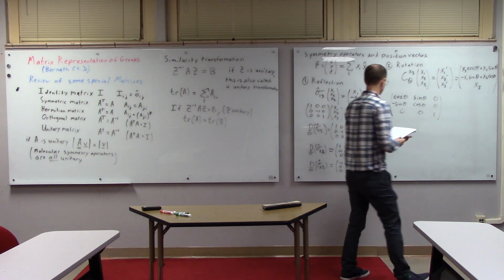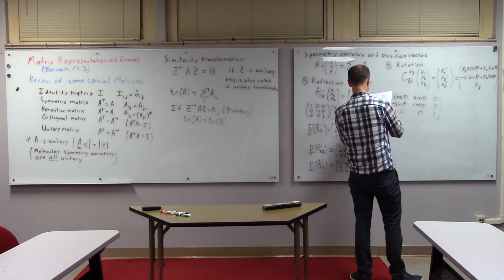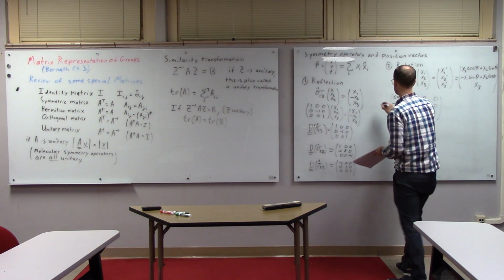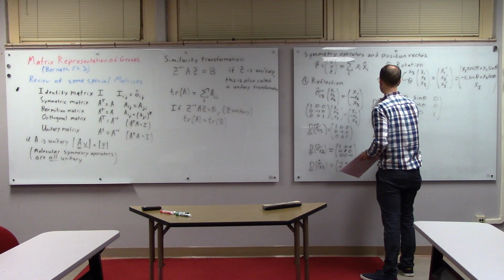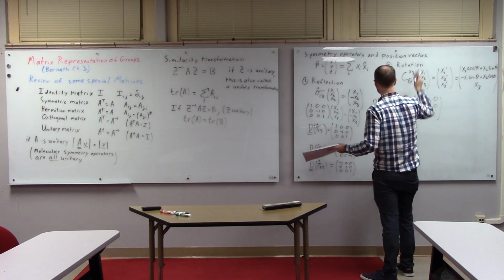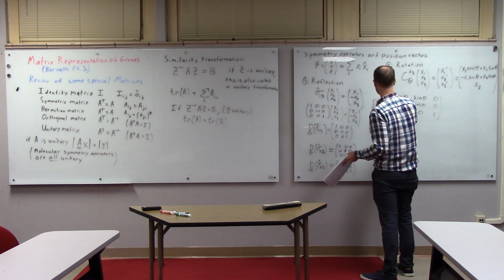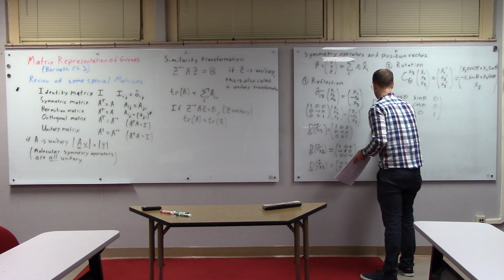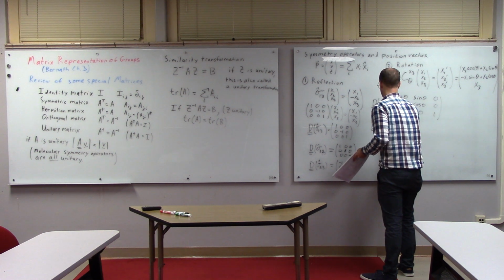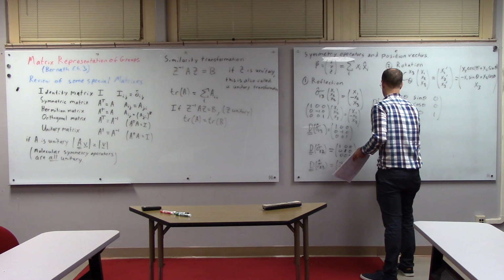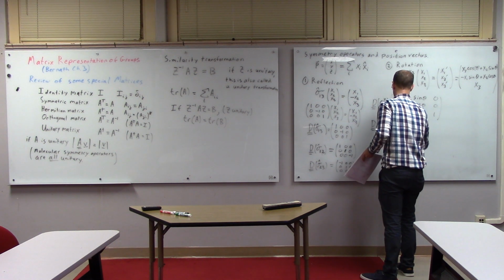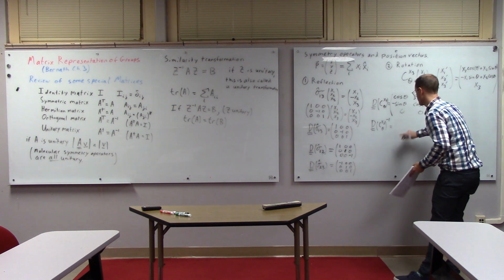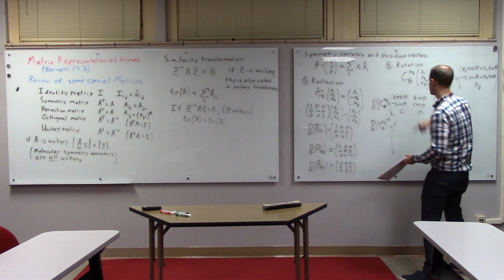And this would be the matrix that represents the C theta operation about x3. And the inverse of that would be just the matrix where you replace theta by minus theta.